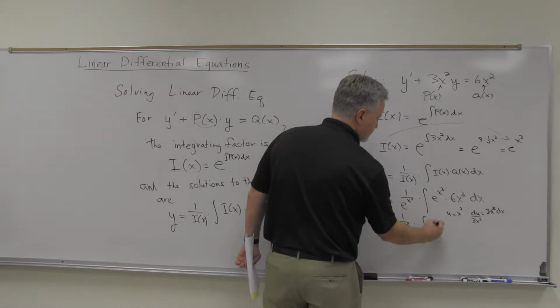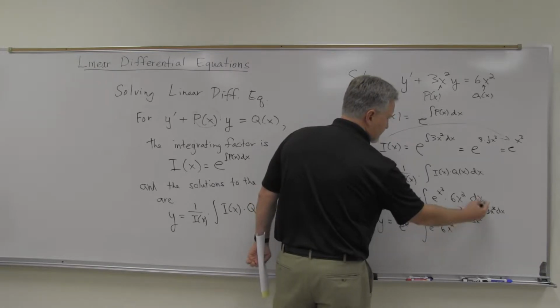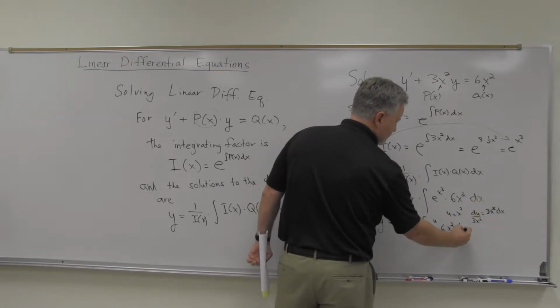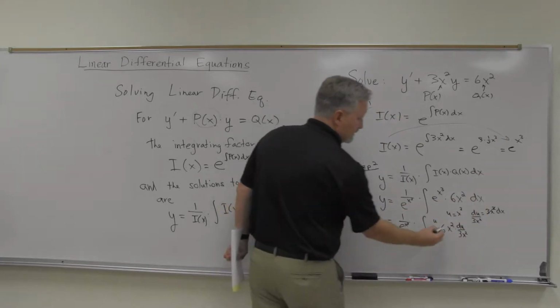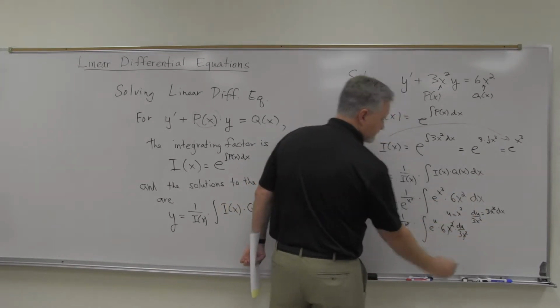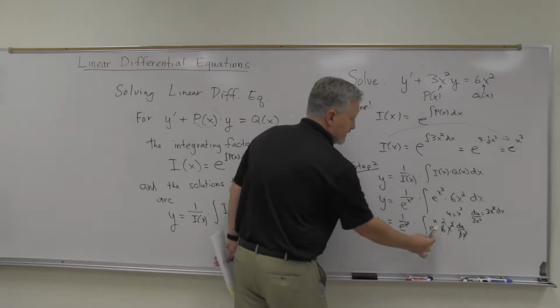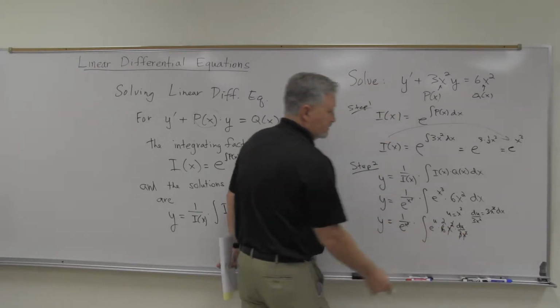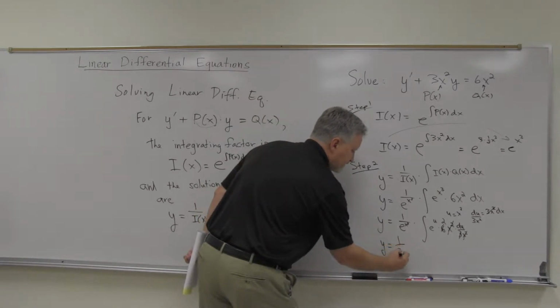So I have e to the u times 6x squared dx is du over 3x squared. And so nicely, the x squareds cancel, the 3 goes into the 6, so I have 2. So now look what I have, 2e to the u du, very simple antiderivative.